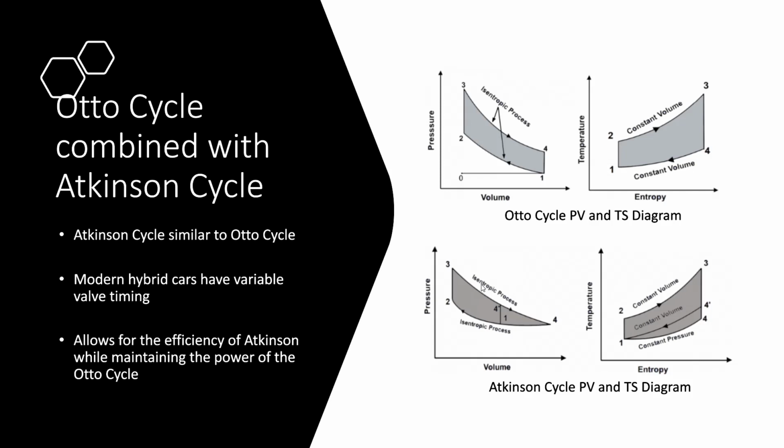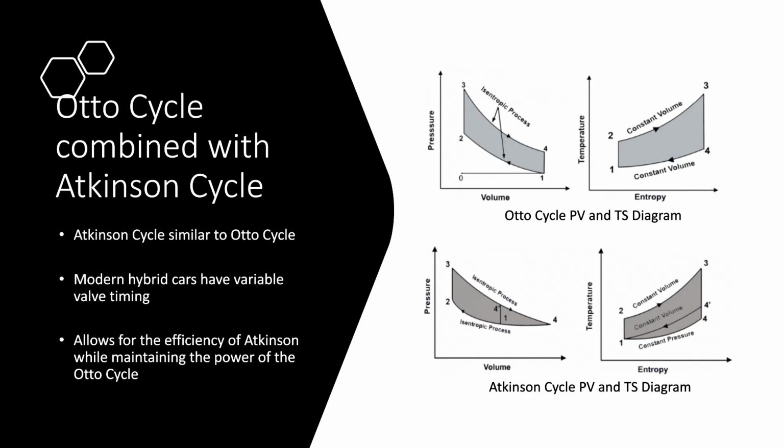Due to the lower compression ratio and lower area between the curves, the Atkinson cycle actually has a smaller amount of work generated per cycle, but because it utilizes more force of the piston and rejects less waste heat, it actually has overall higher efficiency.